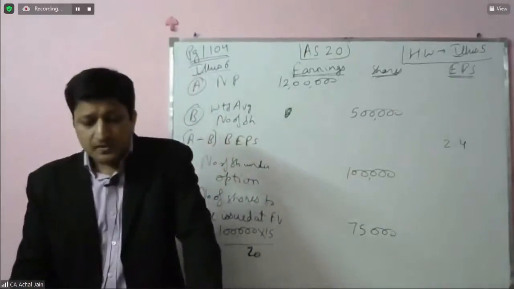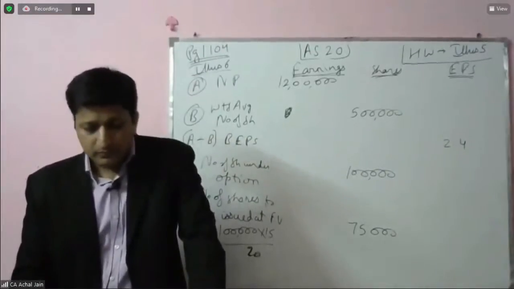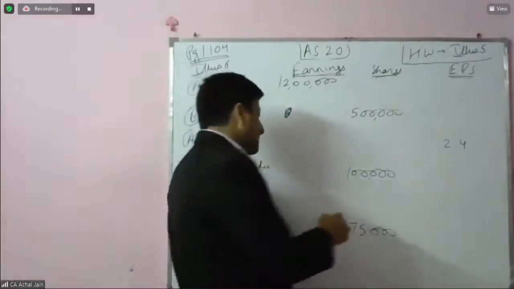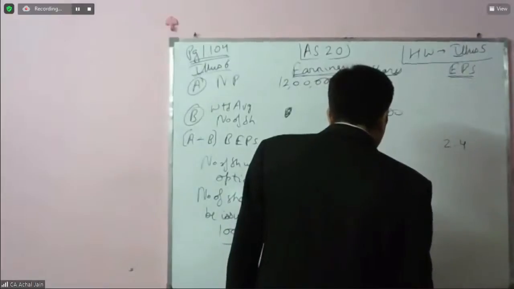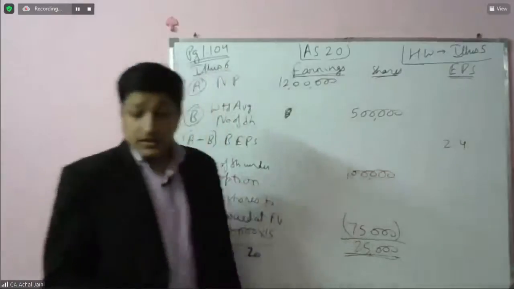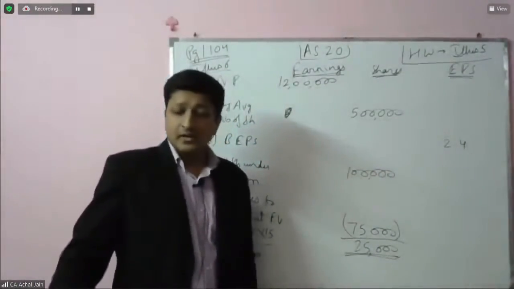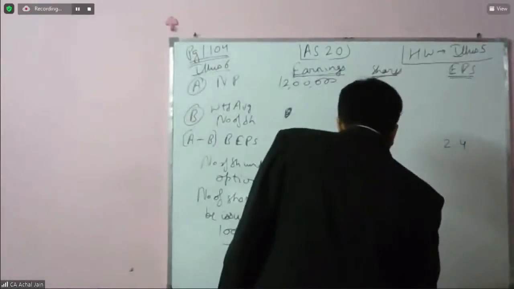So for this, do you think there will be any dilution? No. There will not be any dilution. So why would the dilution arise? Dilution would arise because of the shares that will go out free of cost. So that's why the number of shares for the purposes of diluted earning per share should be 5,25,000.